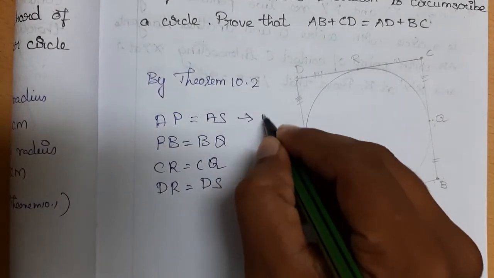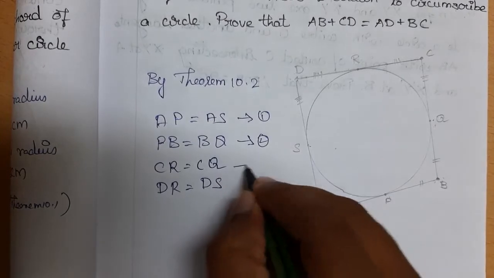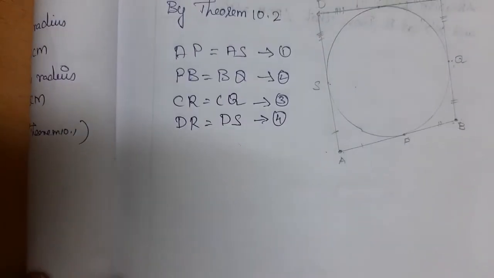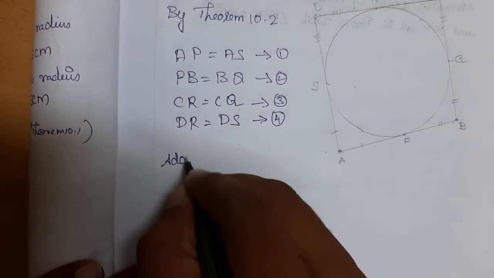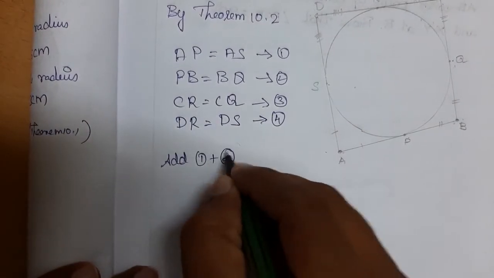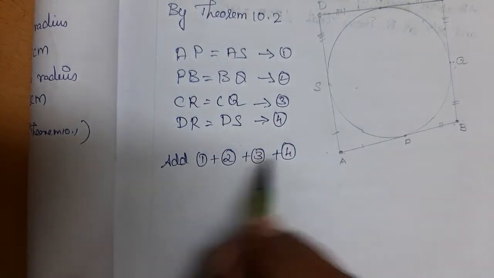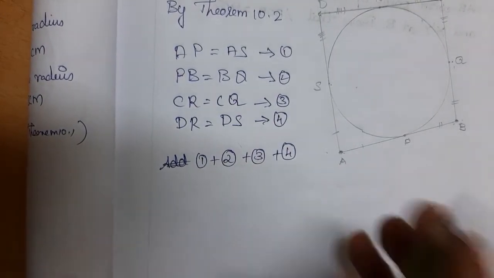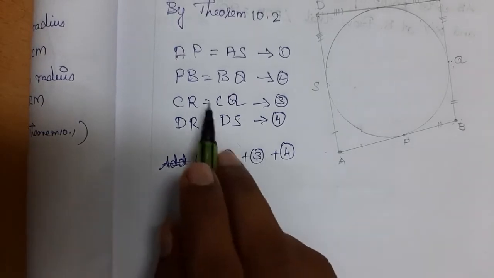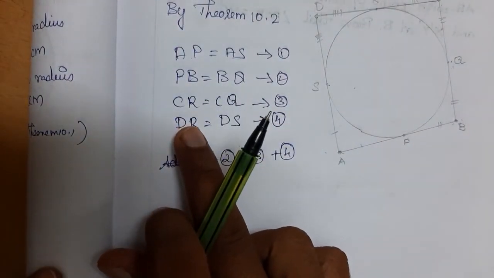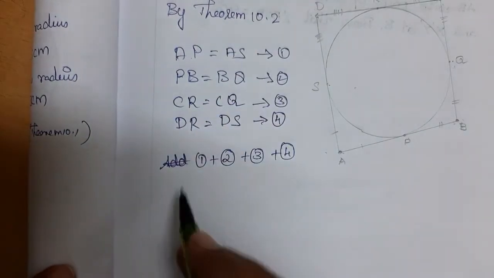So let me consider these equations 1, 2, 3 and 4. Just by adding them, we will get the result. So add equations 1, 2, 3 and 4. The LHS of the four equations will be added, and it will be equal to the RHS of the four equations.